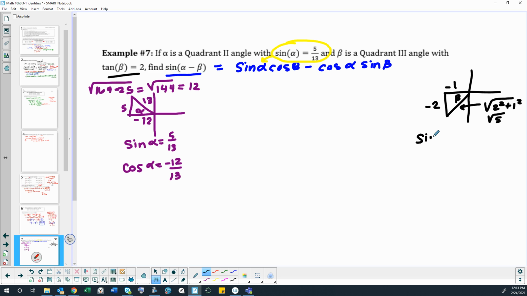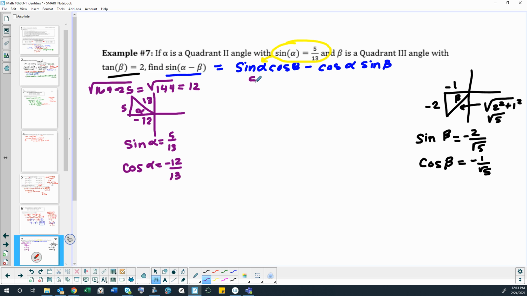So that means the sine of beta would be negative 2 over square root of 5, and the cosine of beta is negative 1 over square root of 5. Okay, well, here's our identity. We need sine alpha, cosine beta, cosine alpha, sine beta. Do we have everything we need? Yes, we do. Let's plug them in.